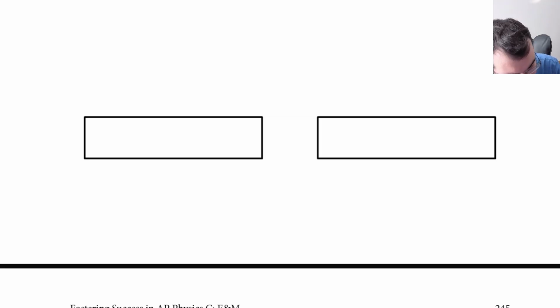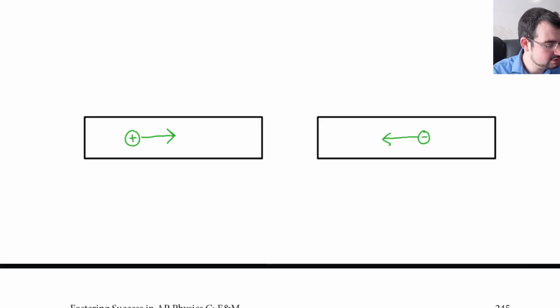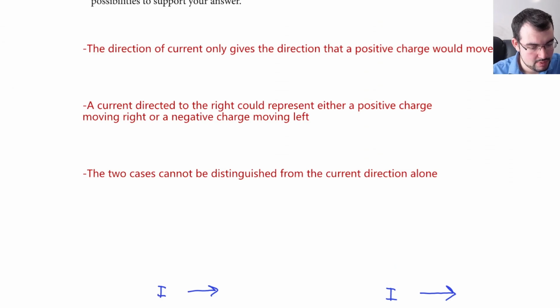A rightward current would be generated if I had a positive charge that moves to the right. But I could also get a rightward current if I had negative charges moving to the left. In both cases, the current is still pointing to the right, as this tells you the way that positives would be moving. So it's not enough info to tell. You could either have a positive charge moving right or a negative charge moving left.